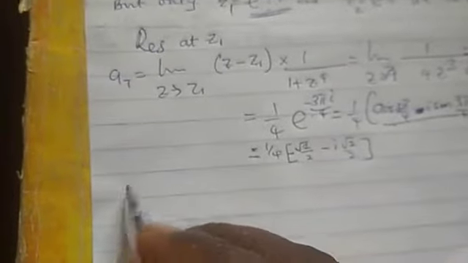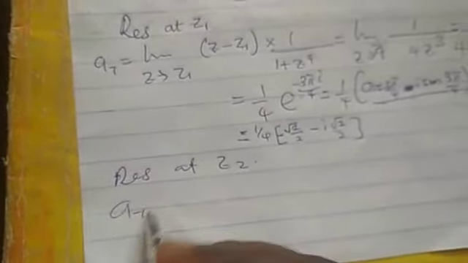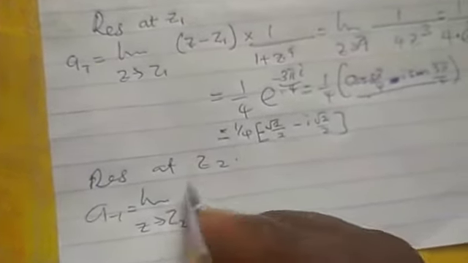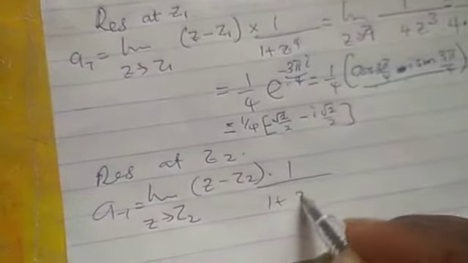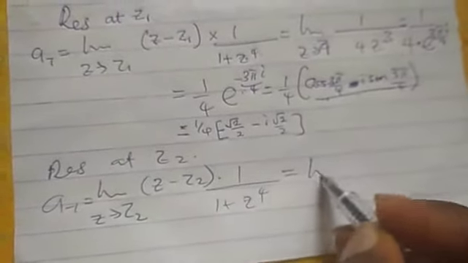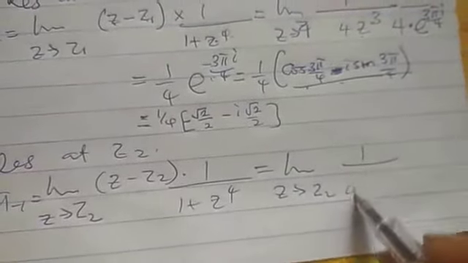Now, we consider the second one. So, we find the residue at Z2. Residue at Z2 will follow the same pattern. That will be Z minus Z2 times 1 over Z^4. The same way, you take the limit by L'Hospital's rule. So this will be 1 over 4z cube. It's just the same thing.